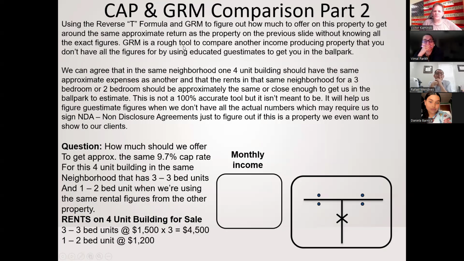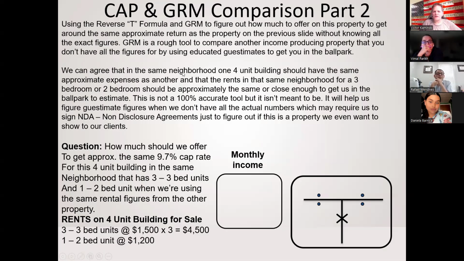The GRM is a rough, dirty tool. It's not meant to be exact, but it's meant to get us in the ballpark with the figures that we need to guess on, because we don't know what the rents are on this property or what the expenses are. They didn't share it with us.